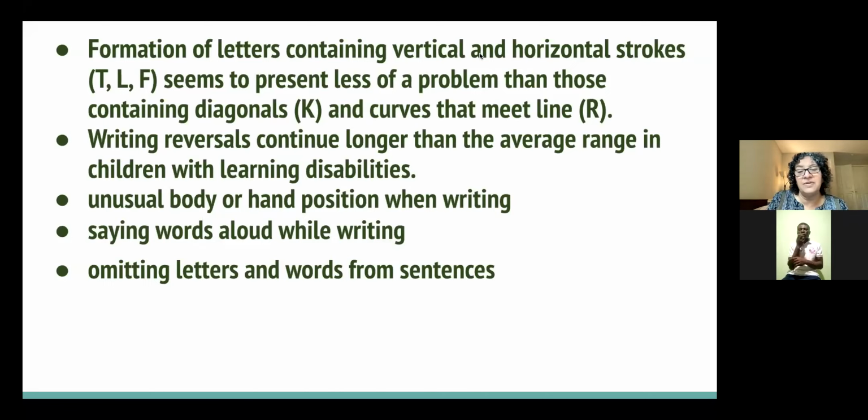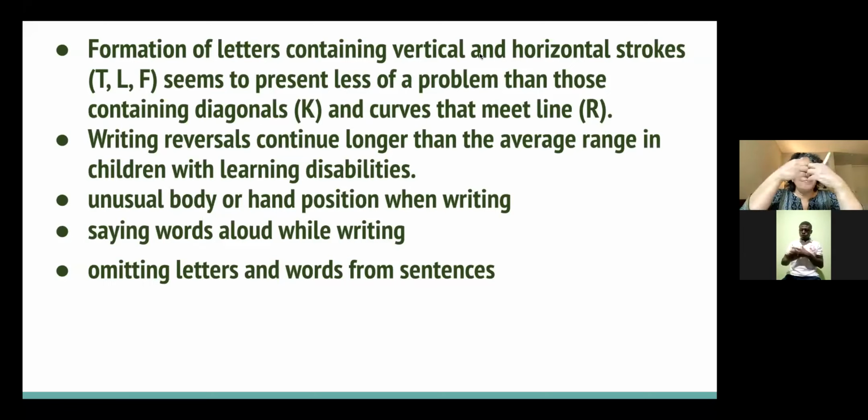Omitting letters and words from sentences. As I showed you in one example, they can omit letters or words from sentences. The cause for this is the processing speed, which we were talking about yesterday in the cognitive skill areas. Why do they omit the letters and words? Because sometimes their mind is thinking too fast, but the speed of transferring that information from their brain to the motor part of the hand to write it is not there.